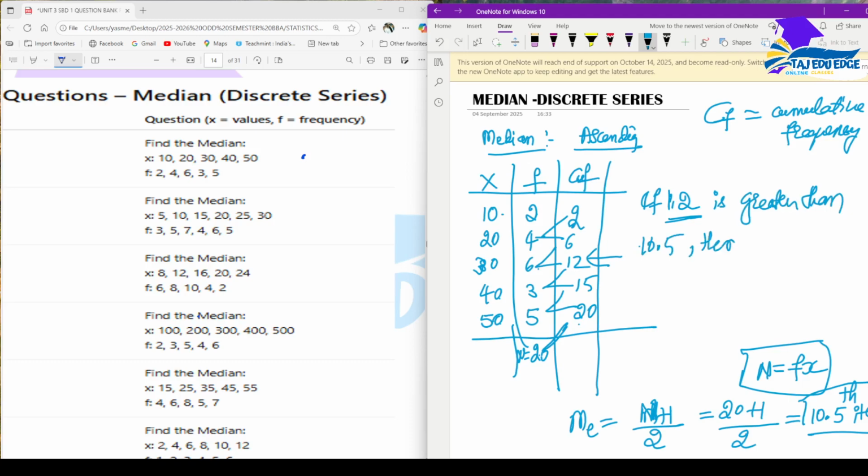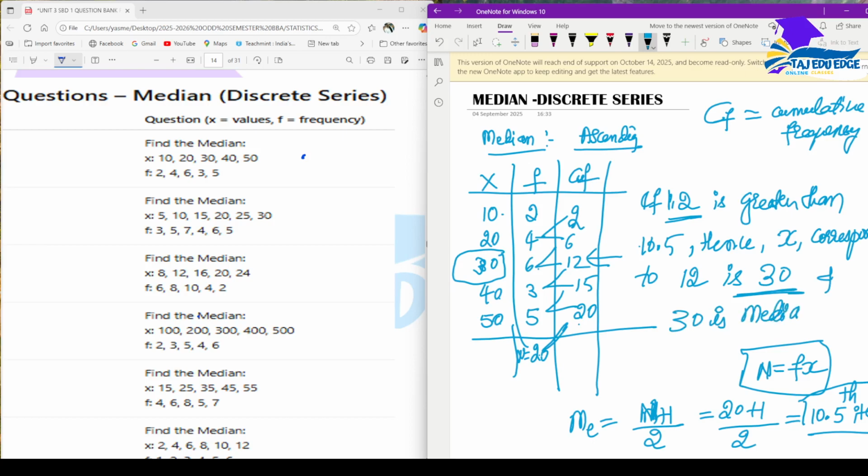Hence, x corresponding to 12 is what? X corresponding to 12 is 30, and 30 is the median here.